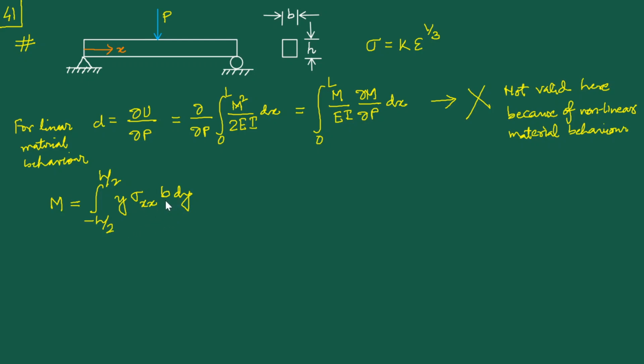So this b dy represents an element, a thin elemental strip, and we take the integration over the entire height of this cross section. This y here is the moment arm. You all know this, but let us see what is the implication of using this expression of sigma here.